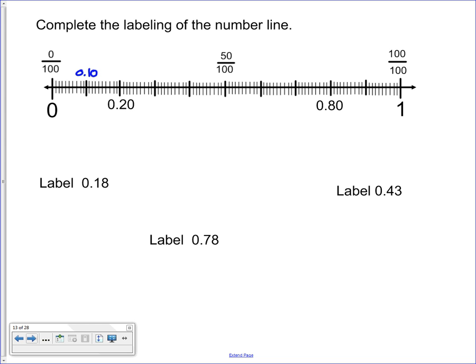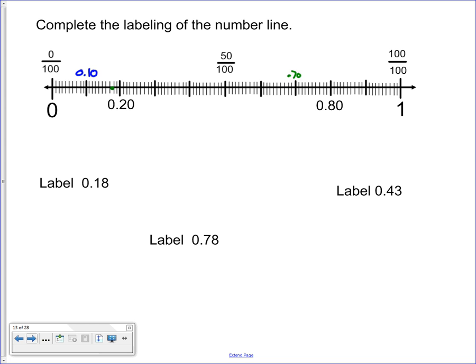So the first one is 0 and 18/100ths. Well, that's going to be between 10 and 20. I'm going to count backwards so it's shorter. So 20, 19, 18. Well, it's supposed to be right here. My smartboard's a little bit off. Okay. 0 and 78/100ths. 78 is going to be between 70 and 80.